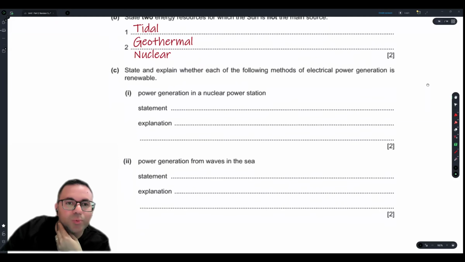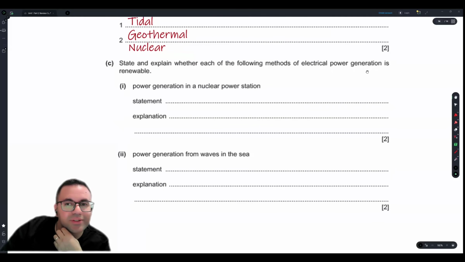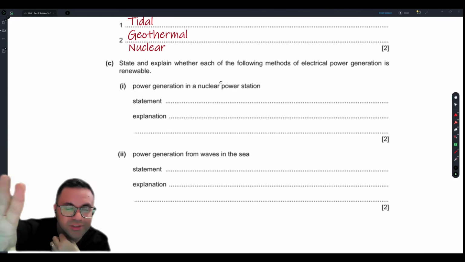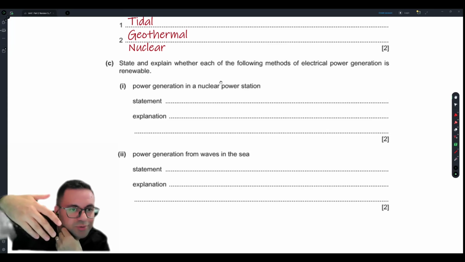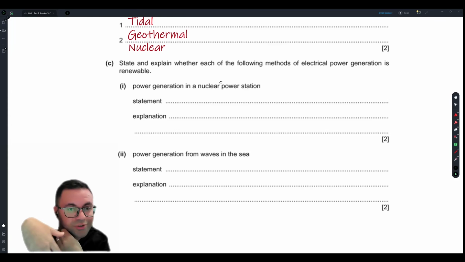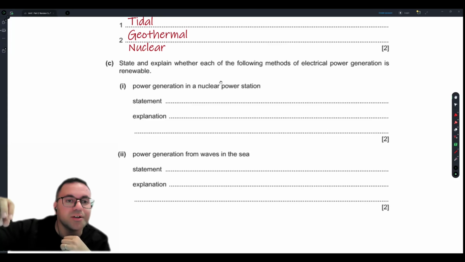State and explain whether each of the following methods of electrical power generation is renewable. So consider if it's renewable or not and explain why. Anything renewable, most things that are renewable have to eventually come from the sun, except for tidal, which comes from the moon. And geothermal comes from the earth. You have to describe that. Power generation in a nuclear power station.